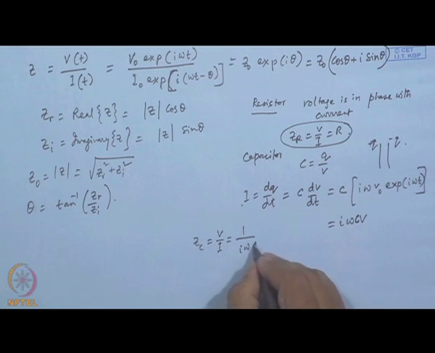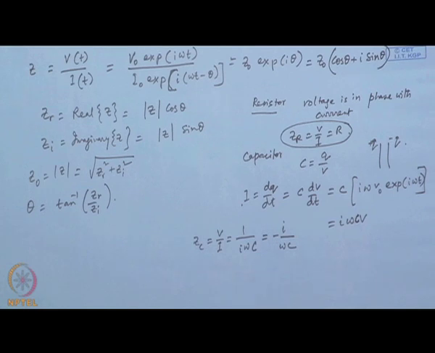So, 1 by i omega C, which is equal to, multiplying numerator and denominator by i, this is for ZC and this is for ZR.